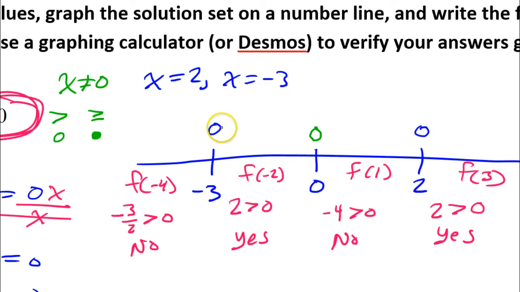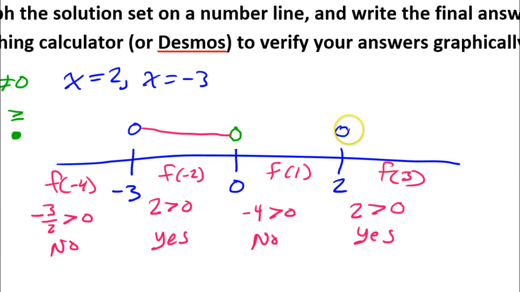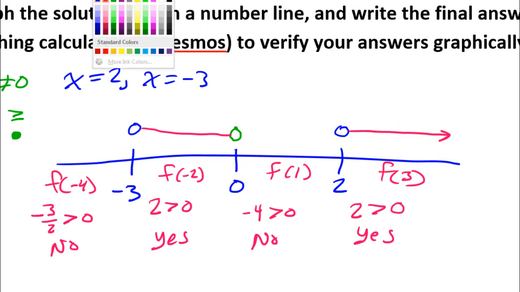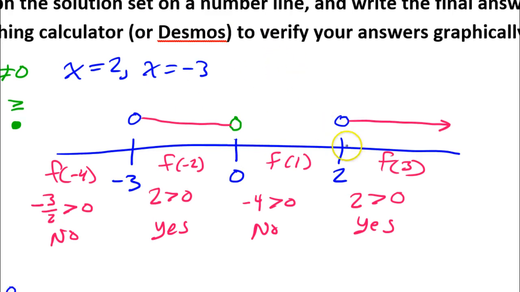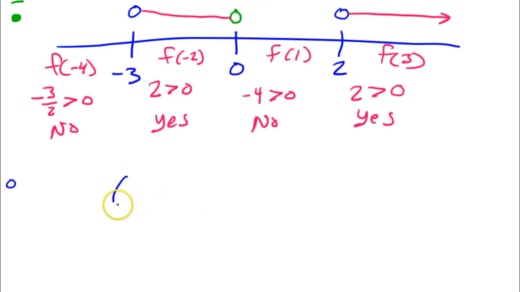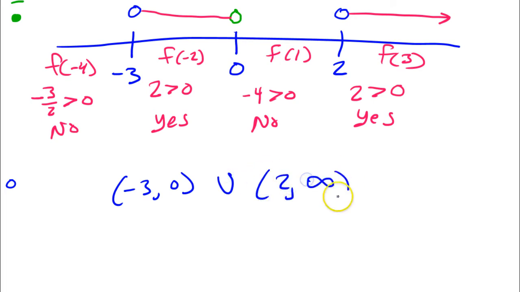All right, so we have from -3 to 0, that's really crooked, but whatever. And then we have another one from 2 to infinity. So that's why in interval notation the solution was -3 to 0, union 2 to infinity.